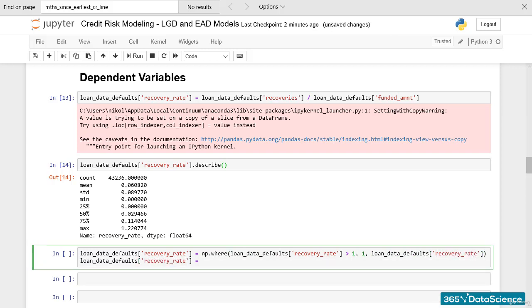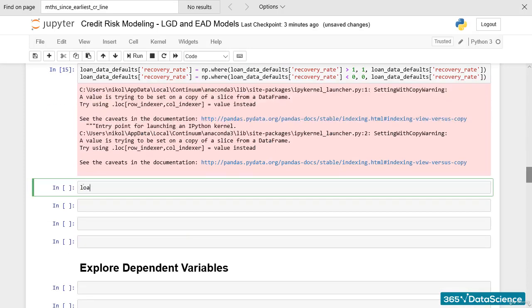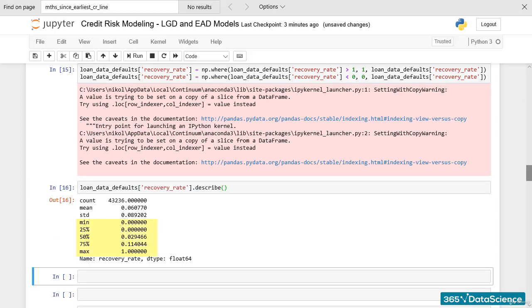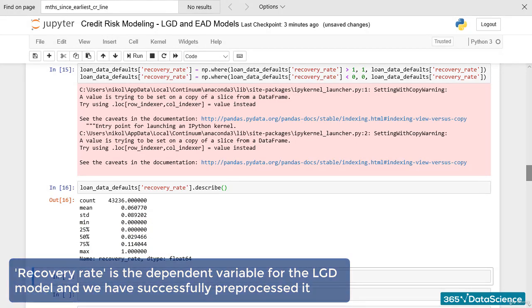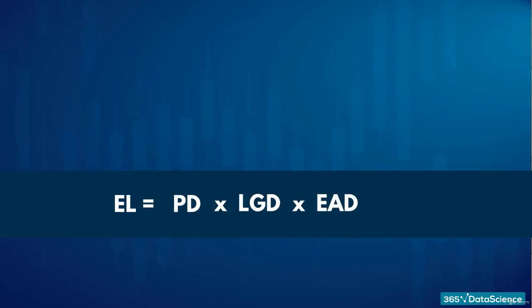Similarly, wherever the recovery rate is lower than 0, we assign a value of 0, and where it isn't, keep the existing value. Alright. Now, all the recovery rate values are in the natural domain of 0 to 1. And that's it. Recovery rate is our dependent variable for the loss given default model, and we have successfully pre-processed it. Awesome. How about exposure at default?